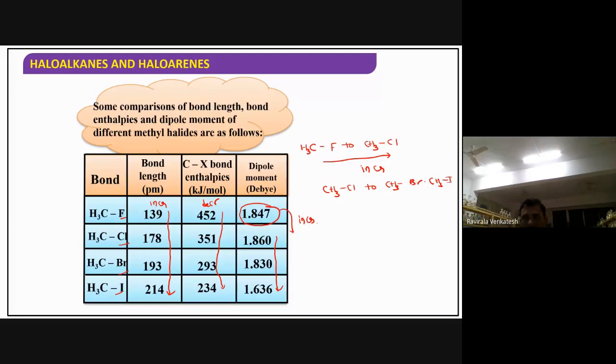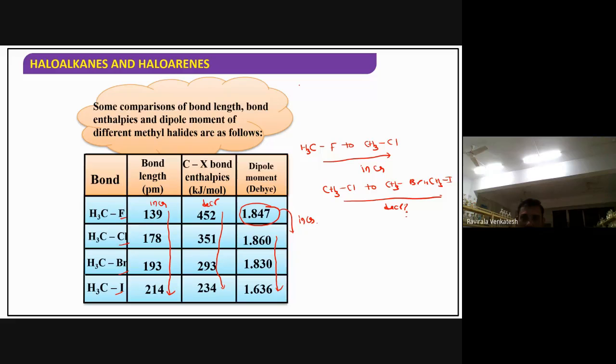Now, the dipole moment is decreasing here. What is the reason? This they are asking in examination. Otherwise, they will ask you to give the correct order of dipole moment. In that case, what we have to give?